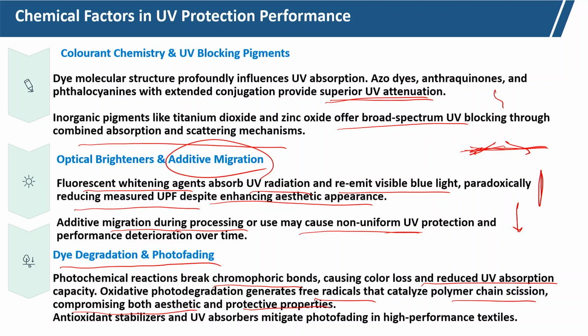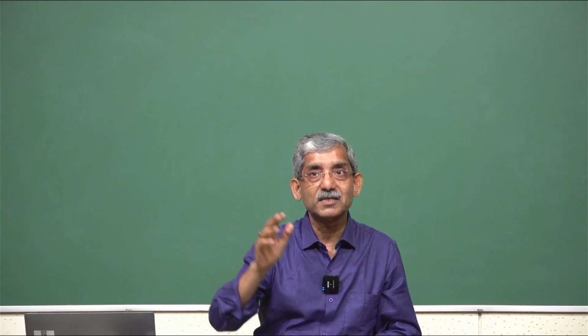So, oxidative photodegradation also takes place, and antioxidant stabilizers and UV absorbers are used to mitigate photo fading in high performance textiles, where the sensitivity is very high and the UV radiation is very high.